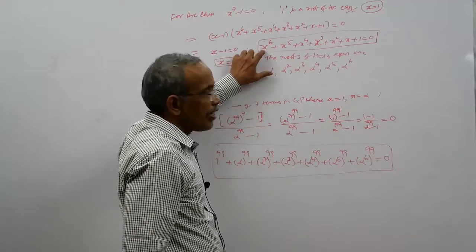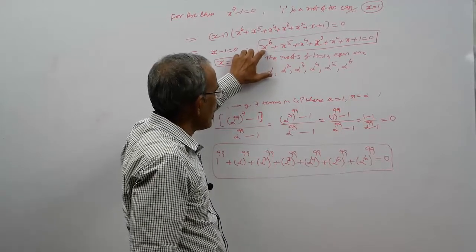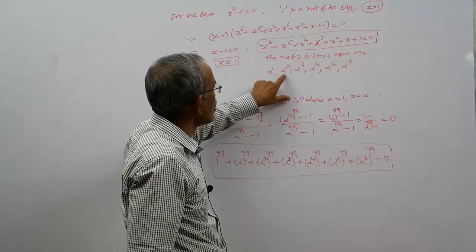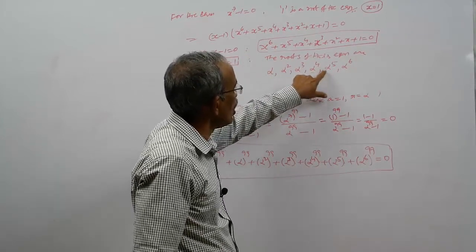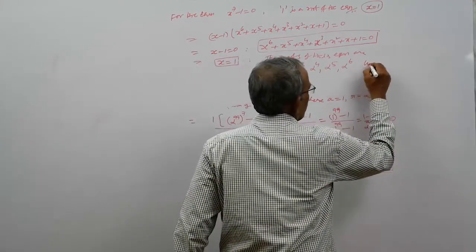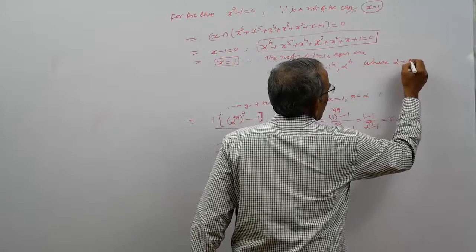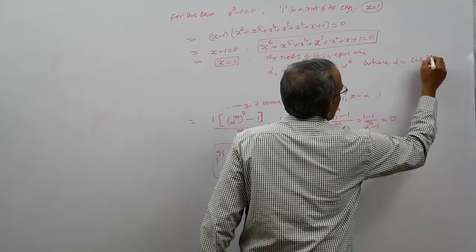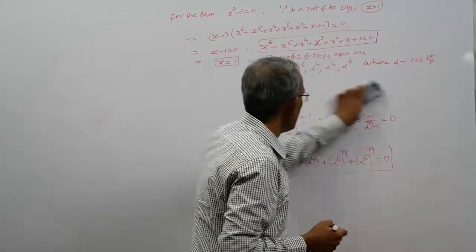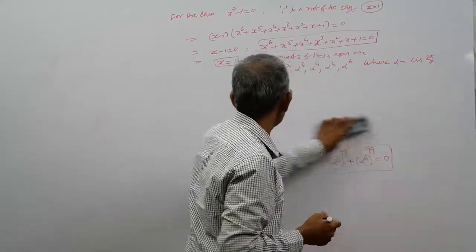This is a 6th degree equation, so this equation has 6 roots. The 6 roots of the equation are alpha, alpha square, alpha cube, alpha to the power of 4, alpha to the power of 5 and alpha to the power of 6, where alpha equal to cis 2 pi by 7.